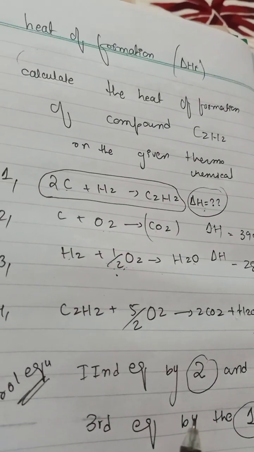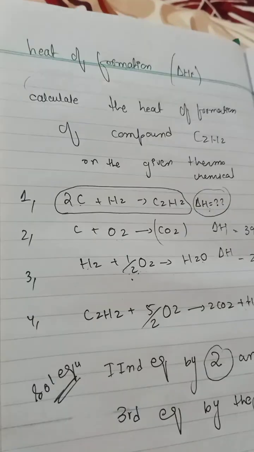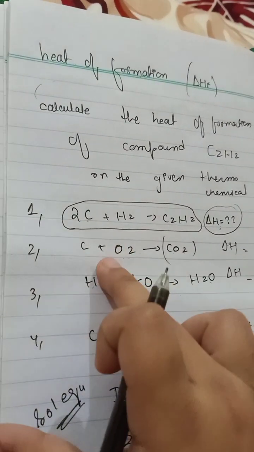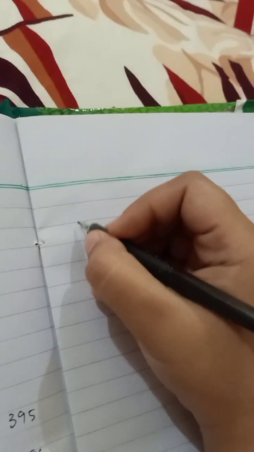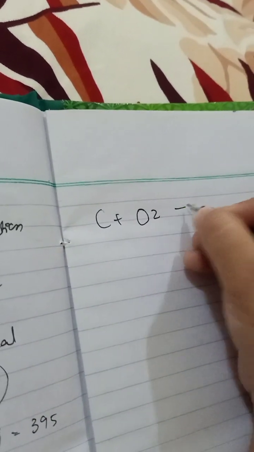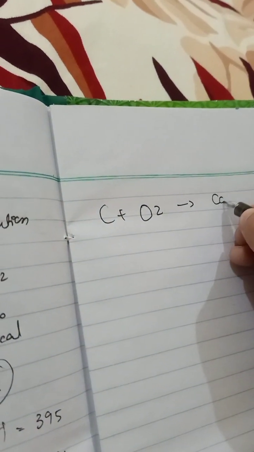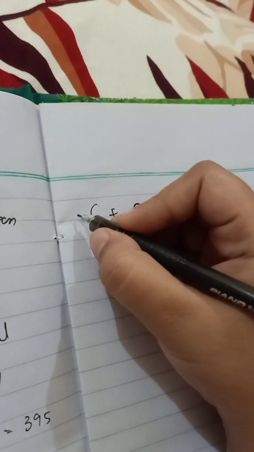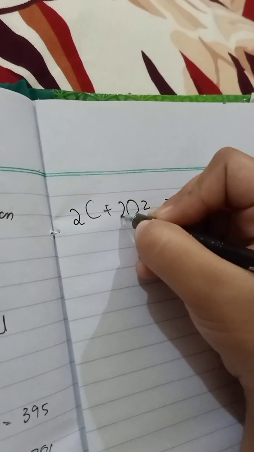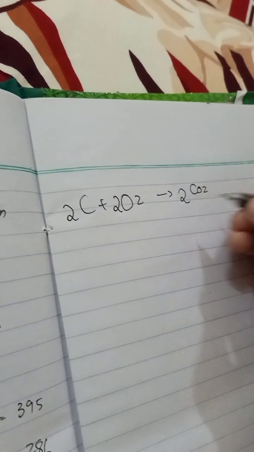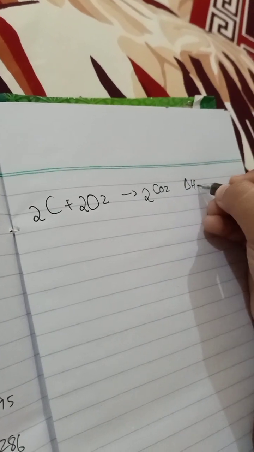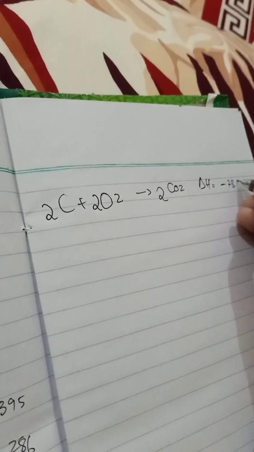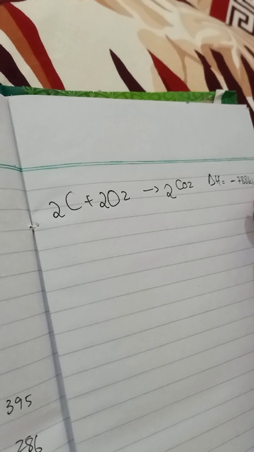So if I multiply, for example, I'm having the second equation like this. So what I will do, I'll multiply, for example, by 2 throughout. So the change of heat is minus 788 kJ/mol.